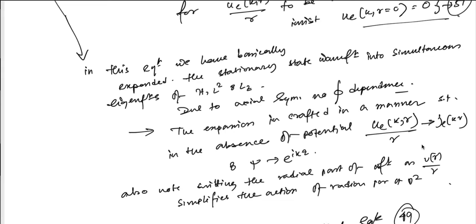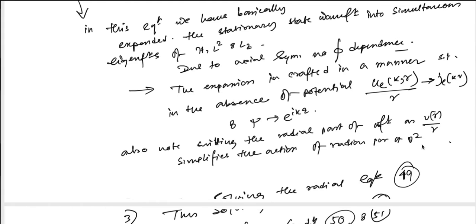And the expansion is also crafted in such a manner that in the absence of any potential we get the free particle solution, which is this spherical Bessel function. So U_l(kr)/r goes to j_l(kr) in the absence of any potential, and psi goes to e^{ikz}, because it's just a plane wave passing like that, which you expand into the spherical basis.